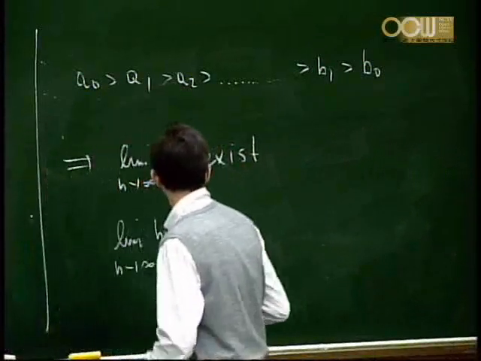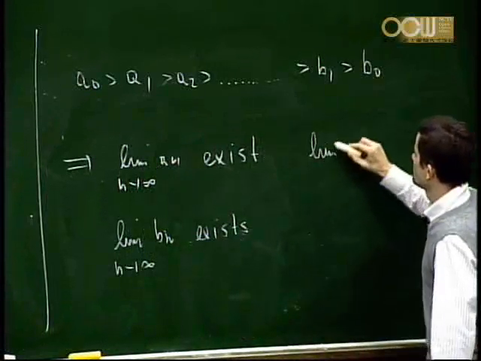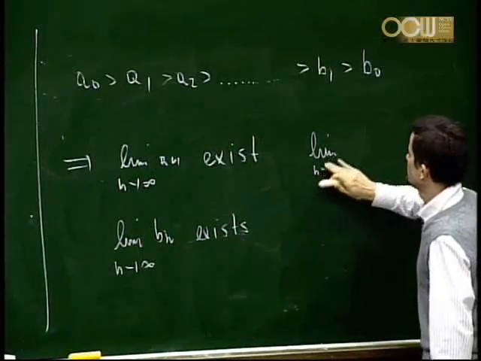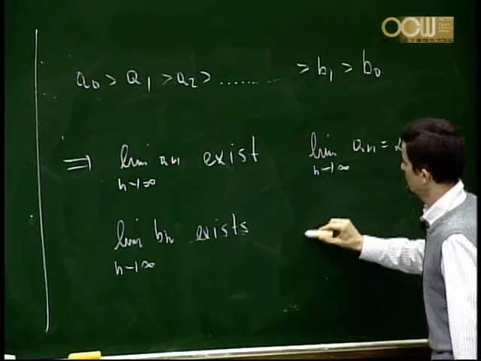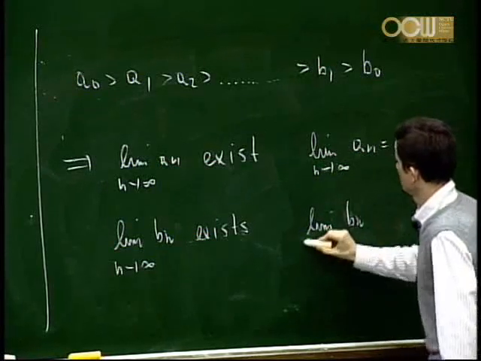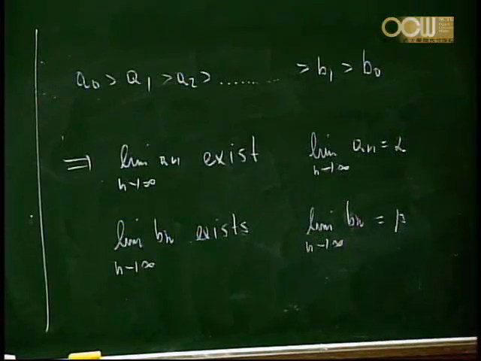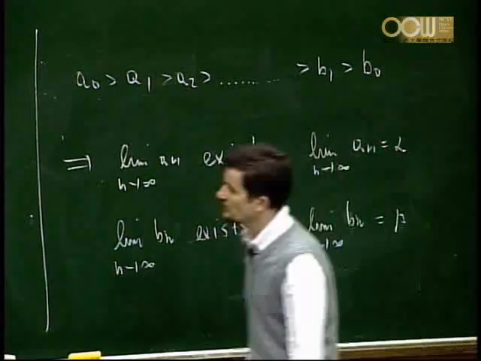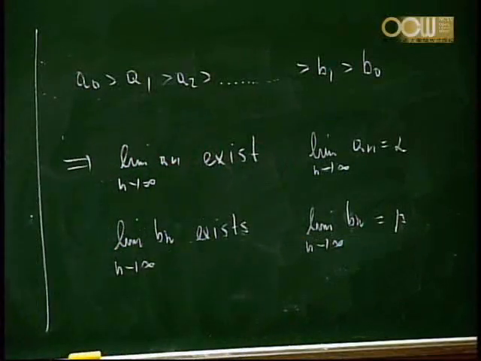Now, of course, the limits might be different. Let's say this limit is equal to some alpha, and this limit is equal to some beta. They might be different. In order to figure out those limits, we can look at this relation here.